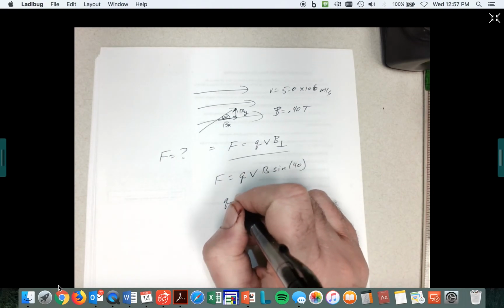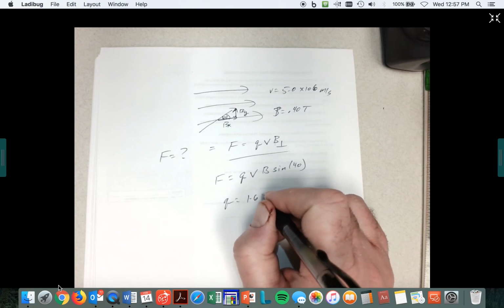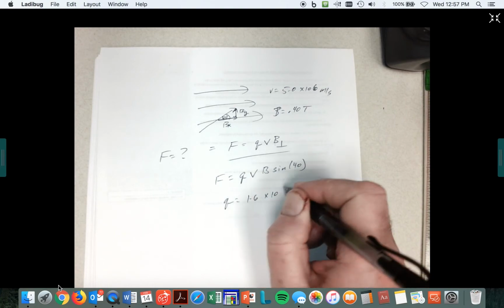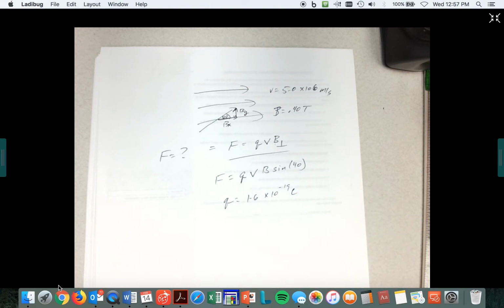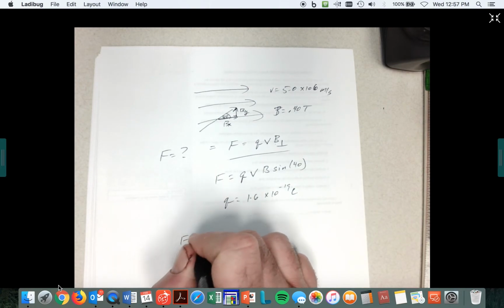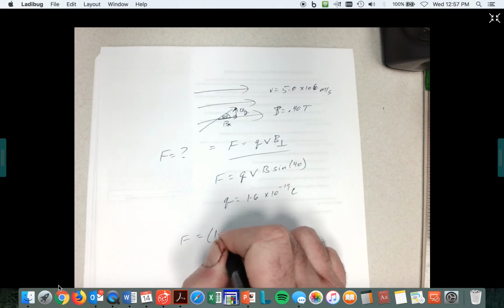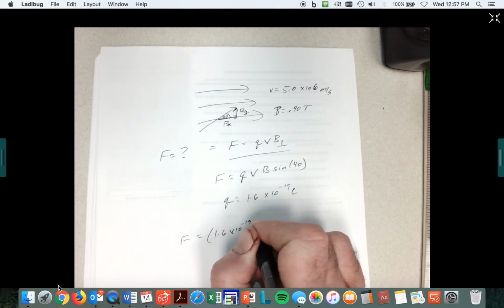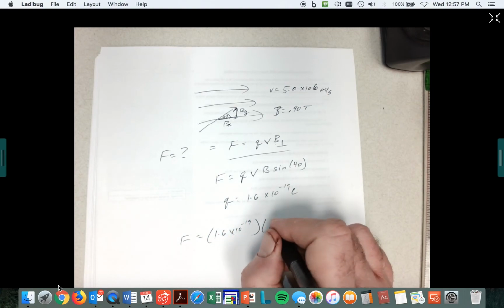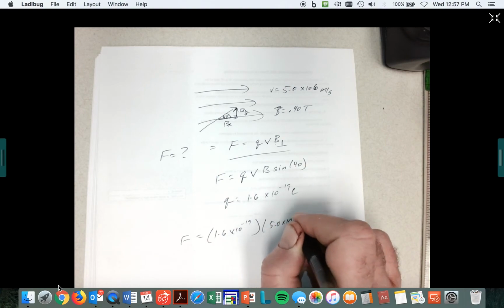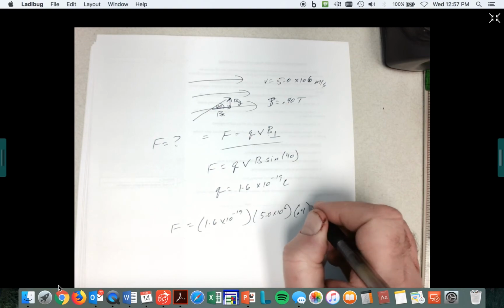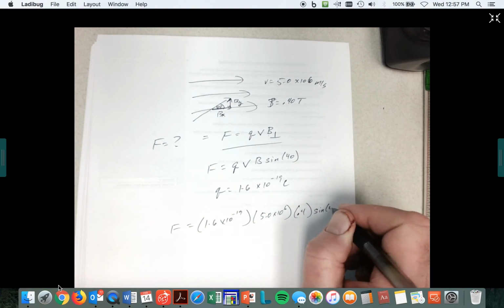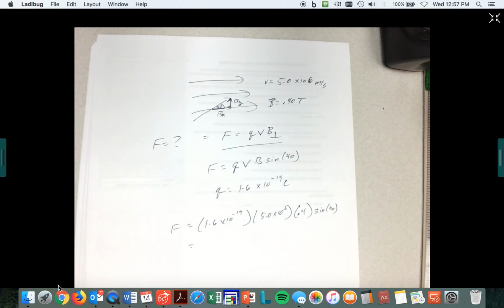So Q is equal to 1.6 times 10 to the negative 19 coulombs. So we'll just put in those values. F is equal to 1.6 times 10 to the negative 19 coulombs times 5.0 times 10 to the 6 meters per second times 0.4 Teslas times the sine of 40 degrees. That's what the force is.